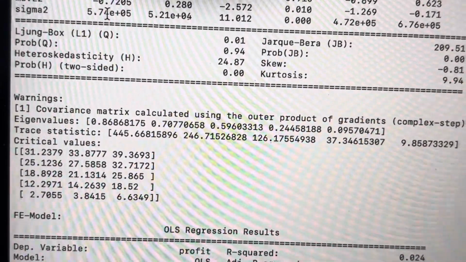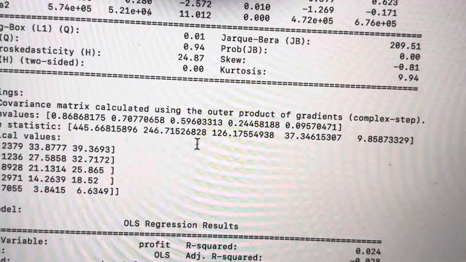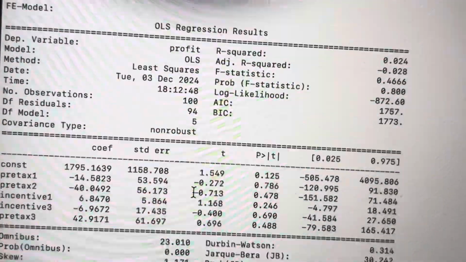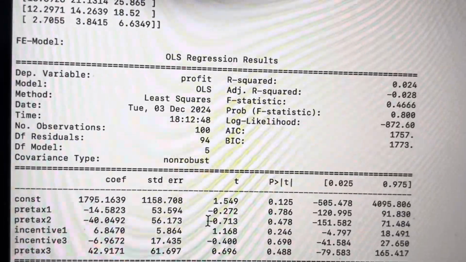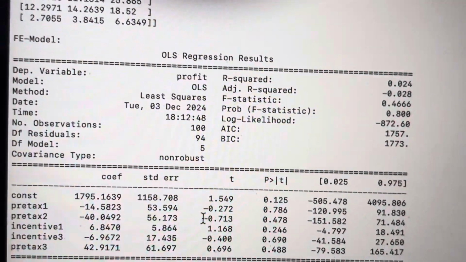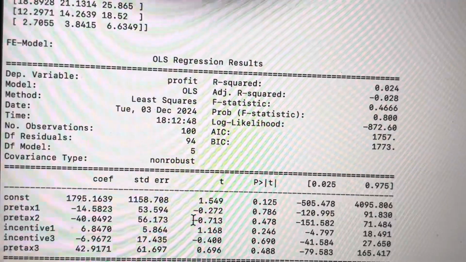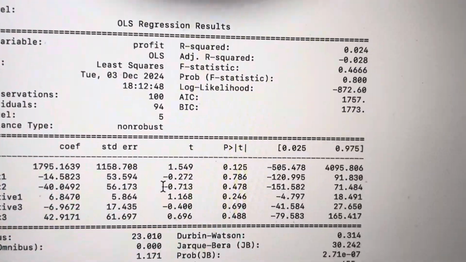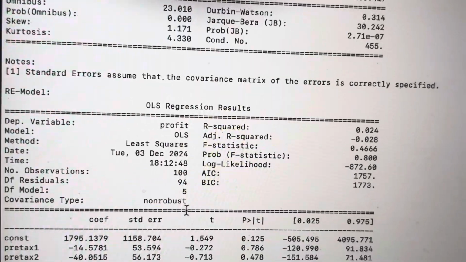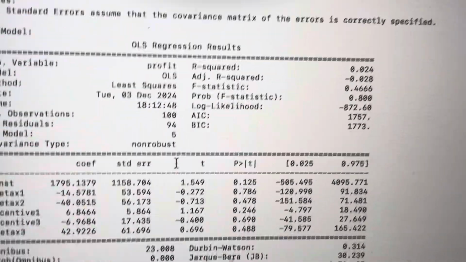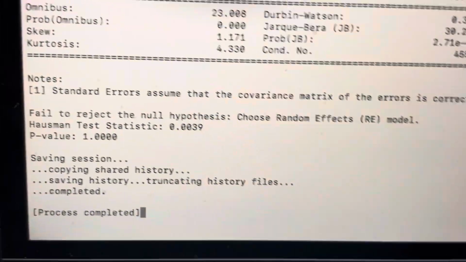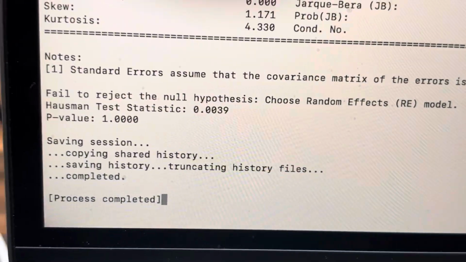You have critical values here, and also some processing warnings, and then you have the fixed effect model also, because this one also has to do with the fixed effects, and then the random effect model also, because there's also some form of Hausman statistics test.